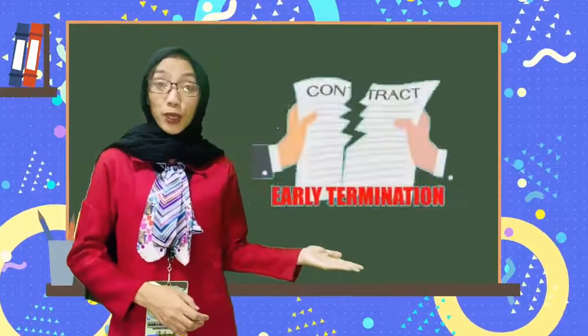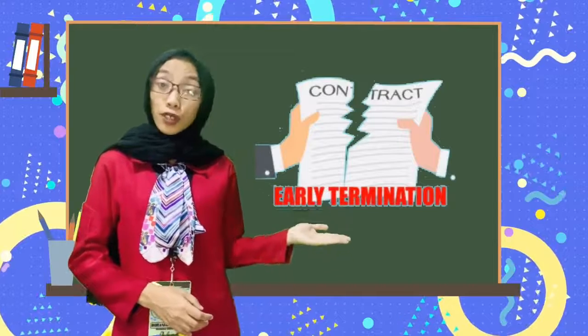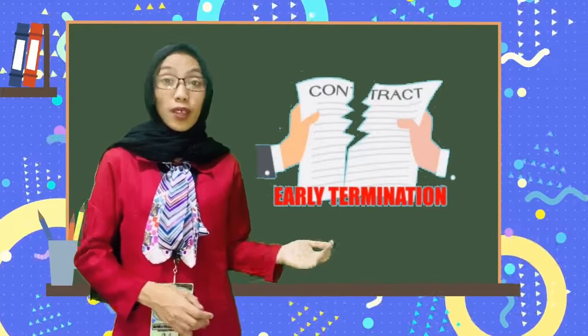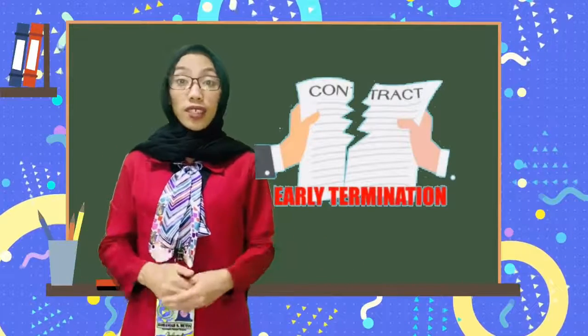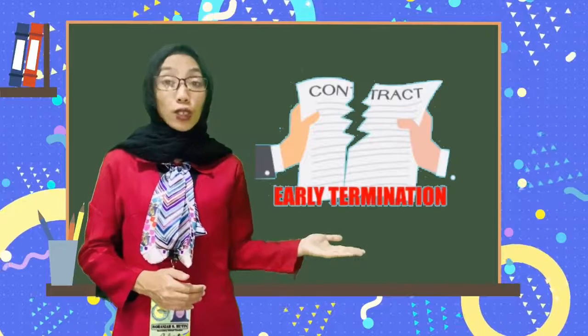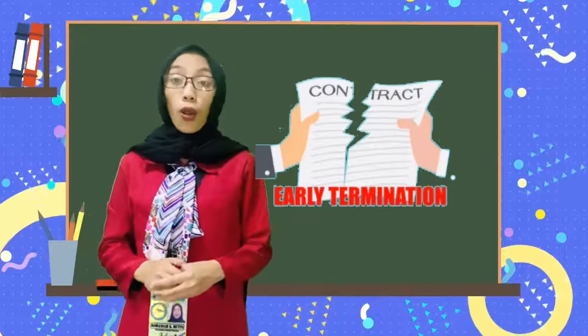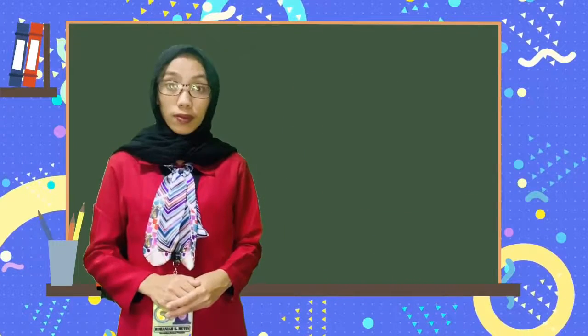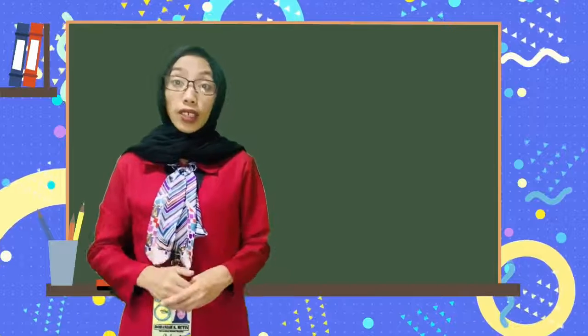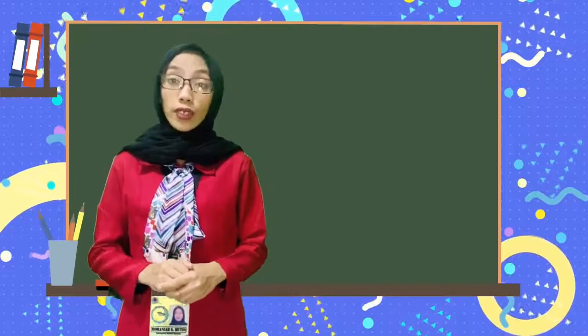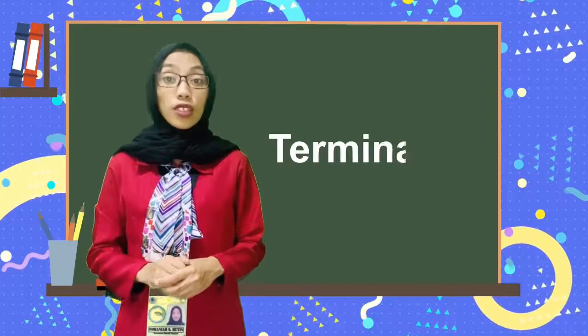Try to look at this picture. What have you observed? Okay, you are correct. This picture actually shows a dismissal or termination, which leads us to the seventh type of communicative strategies, which is called termination.